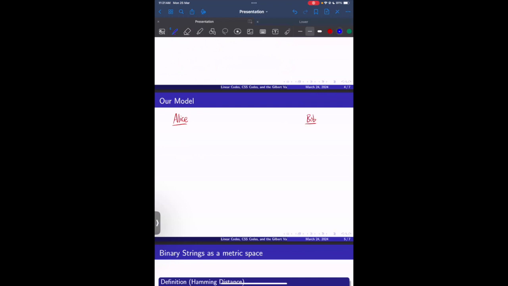Alice had some element u in the set of k-bit strings. Then what did she do? She did something to it, like she encoded it and added some redundancy, and then you emerge with this bit string that you send over the noisy channel.